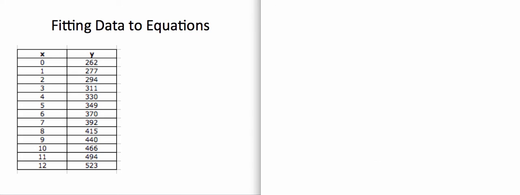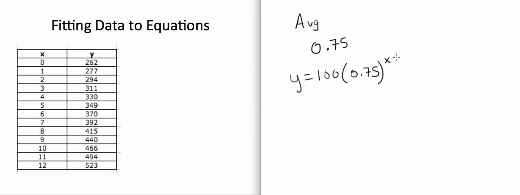If we were looking at a problem, and this is going off the book here, if our average ratio was going down, so our value was 0.75, let's say it started at 100, we have y is equal to 100, parenthesis 0.75, raised to the x power, or y equals 100 times 1 minus 0.25, raised to the x power.